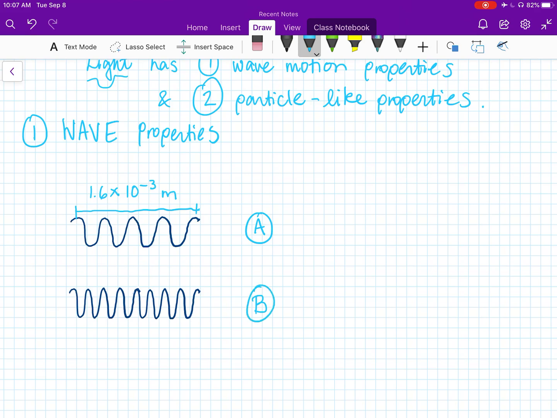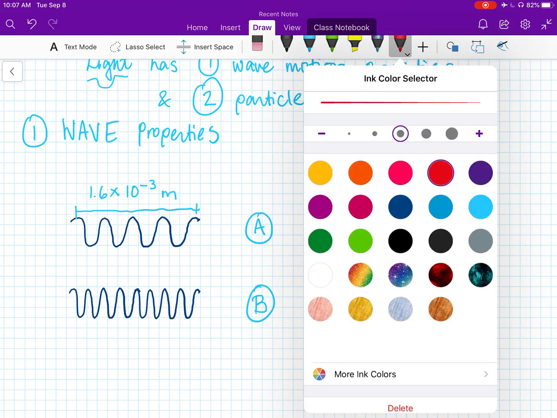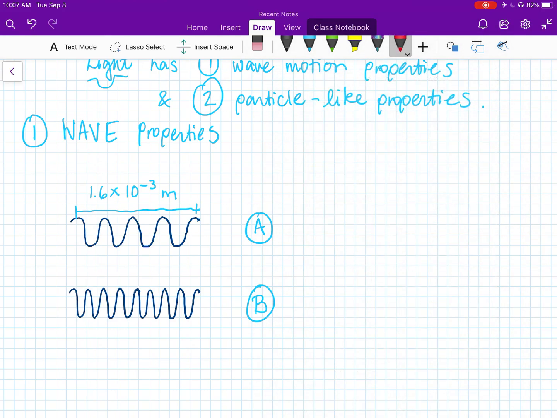So I want you to notice a couple of things about these two waves. First of all, I've drawn this on graph paper here. We have this kind of height here. This distance between the trough and the crest of the wave, we could say it for either of these, this would be defined as the amplitude of the wave. You could think about the amplitude as just the height from the crest to the trough.